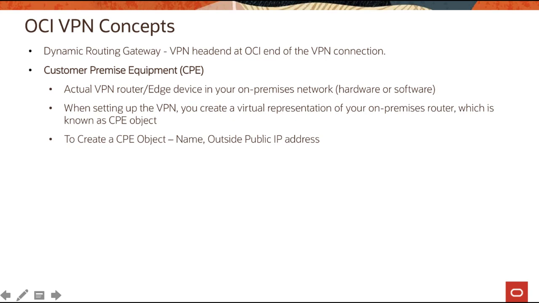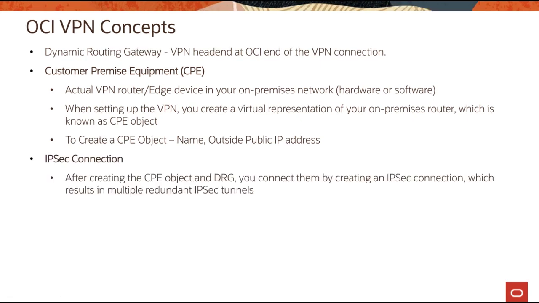We call it a CPE device. Basically, it's a CPE object. When you're creating the CPE object, it contains some basic information. You provide basic information like just any name and then the public IP address of your CPE object, which is your actual router on your end.